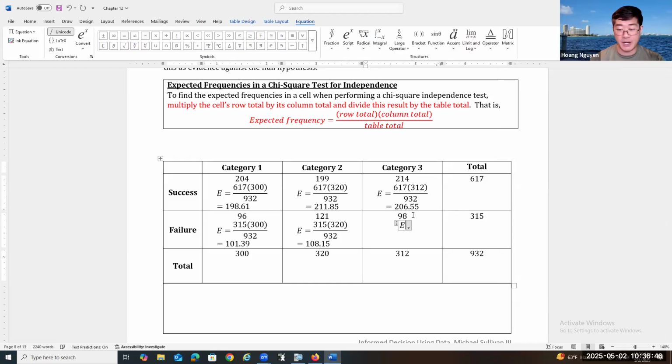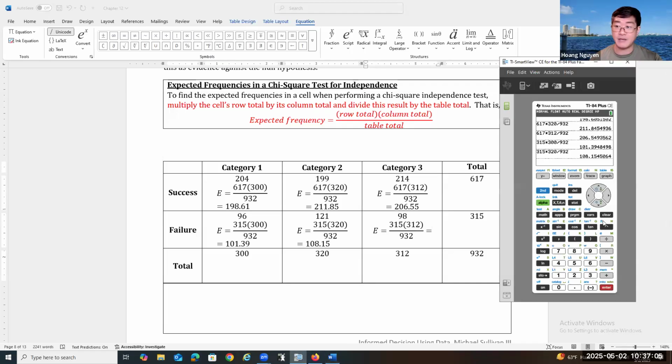So similar idea, we're going to calculate the expected frequency for this cell. Row total times the column total divided by the table total. So row total is 315 times the column total, 312, divided by the table total, 932. Okay, let's give it a try.